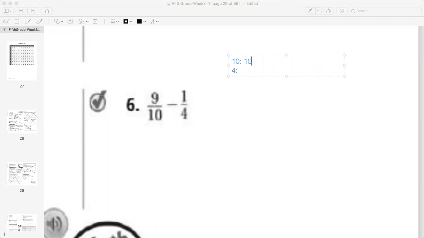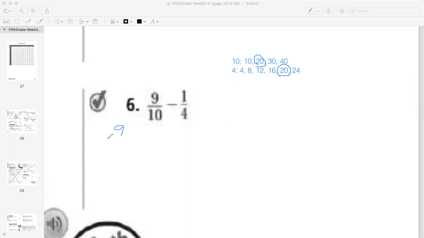So this would be 10, 20, 30, 40, and then I would do 4, 8, 12, 16, 20, 24. And then we quickly notice that 20 is what they have. That's the smallest in common.